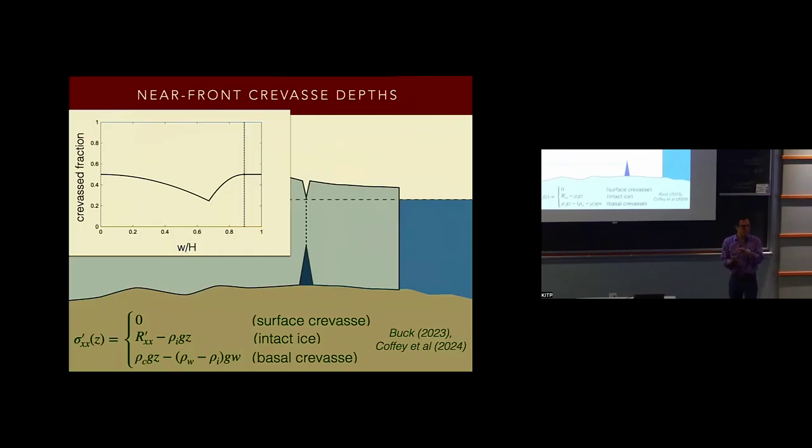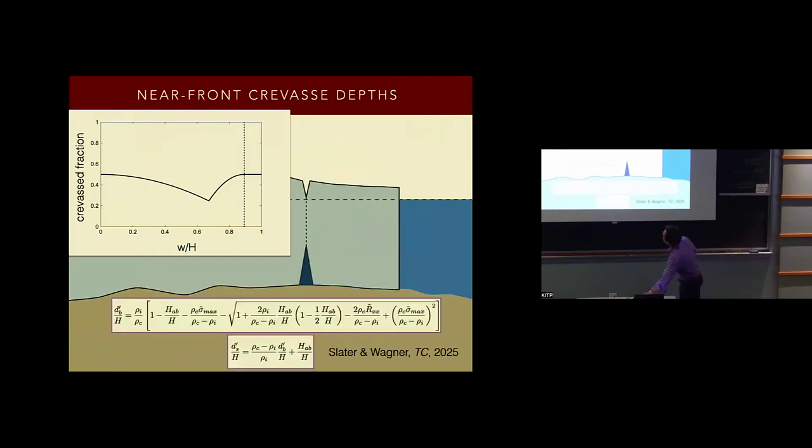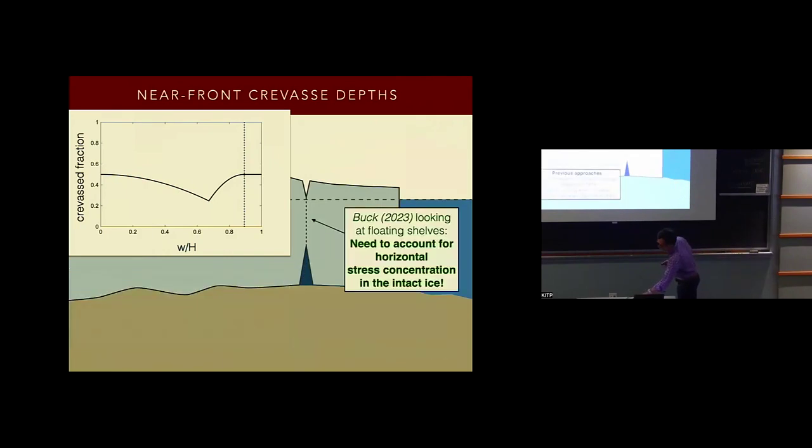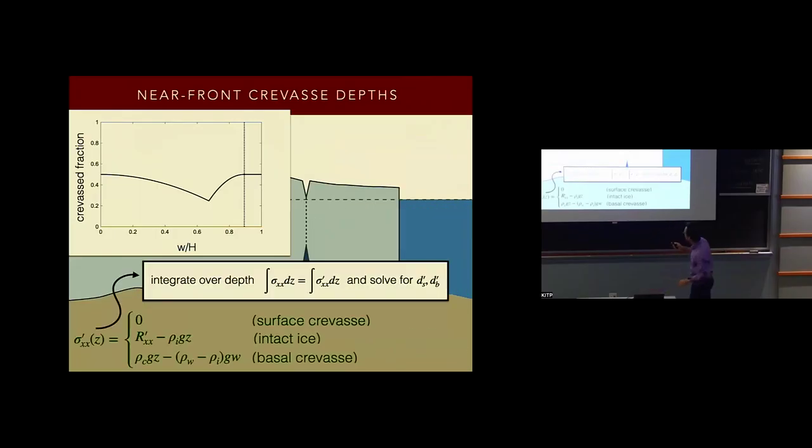So there's a feedback between crevassing and horizontal stress in the intact ice. And so from stress conservation, you integrate this over depth, and you say the modified stress integrated over depth has to be the same as before, and then you can solve for the modified surface crevasse depth and basal crevasse depth.